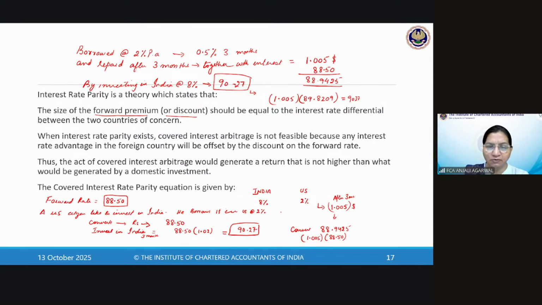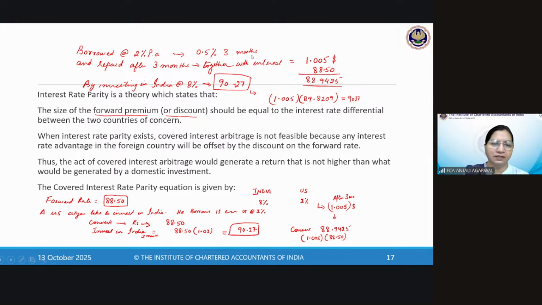So you invest in rupees in India trying to get 8%, but the rupee will be at a discount. The forward exchange premium would be on the US dollar, whereas the rupee would be at discount, to compensate, so that when you reconvert into dollars, you don't end up getting extra. So the act of covered interest arbitrage would generate a return which is not higher than would have been generated in the domestic investment.